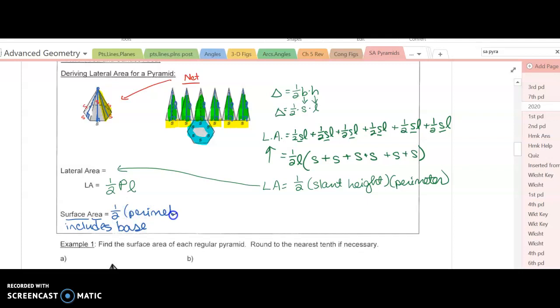Remember, order doesn't matter in multiplication. It's commutative, so I can say perimeter first and slant height second if I want to, plus area of the base. That's all written out in words, or that's equal to 1/2 P times L plus big B.